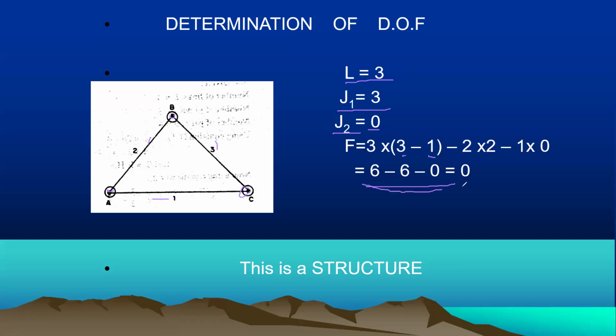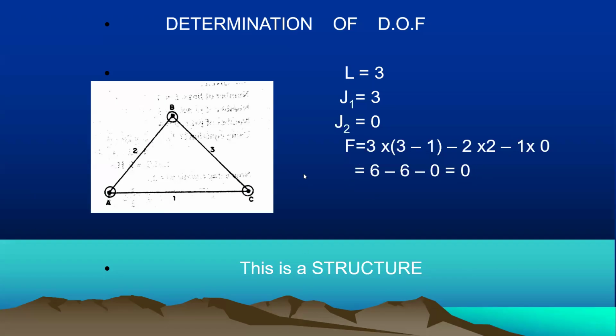Remember, our J1 is supposed to be 3. This is a structure and not a mechanism. Please check the correctness of this individually. It's an assignment, so let me know what you found out.